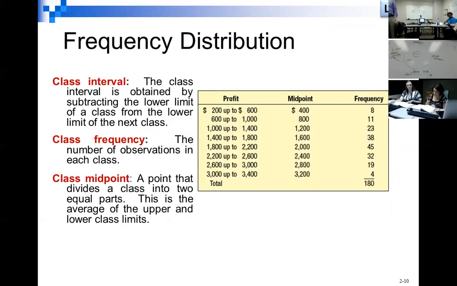So I'm going to repeat $400 throughout. The class frequency is the number of observations over here. And the midpoint is if I divide the class into two equal parts, where is my midpoint? So the midpoint between $200 and $600 we'll call $400.